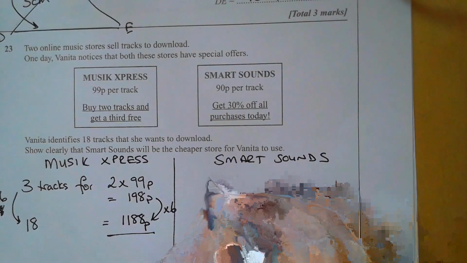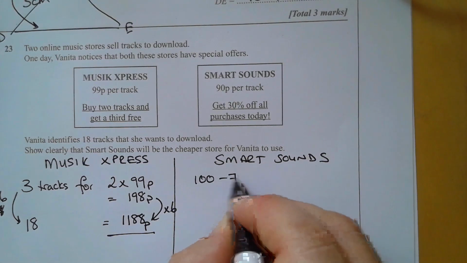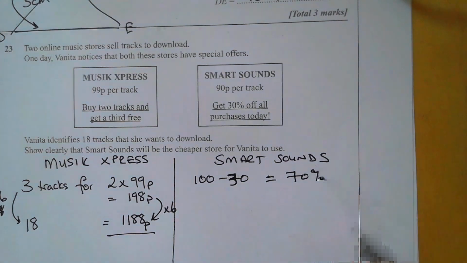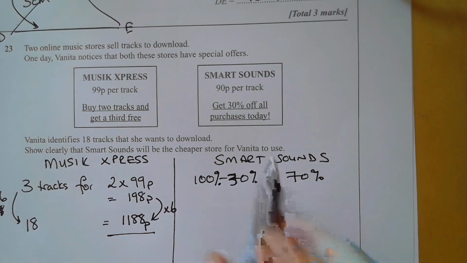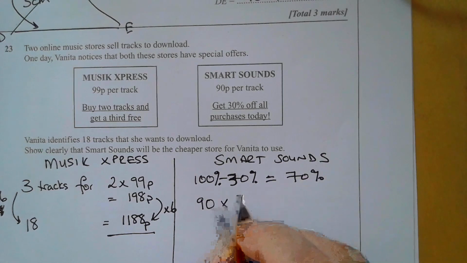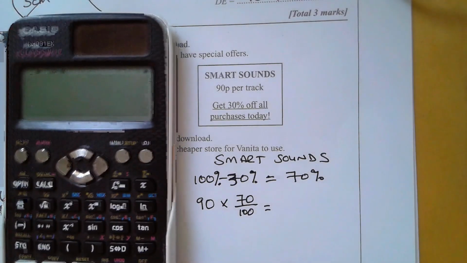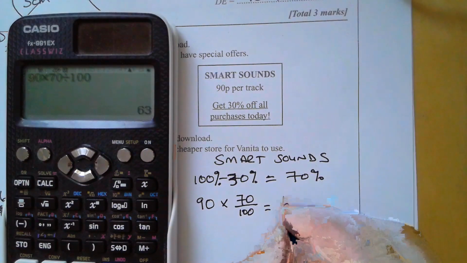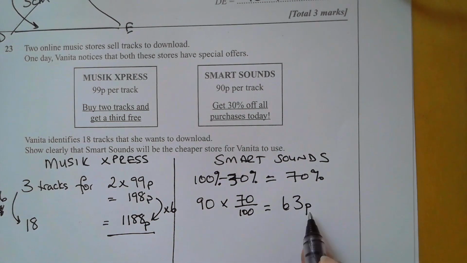Smarter Sounds. 30% off, which means you're left with 70%. So what's 70% of 90 pence? Sorry, 63 pence per track. 18 tracks at 63 pence.